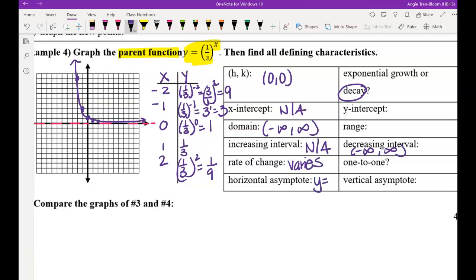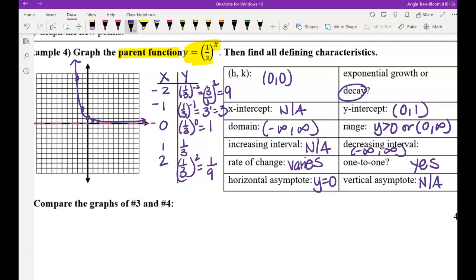You do have the horizontal asymptote, y equals 0. We don't have any vertical asymptote. Yes, this is definitely 1 to 1. Your range is going to be y is bigger than 0, or you can write interval notation, 0, infinity. We do have y-intercept at 0, 1.